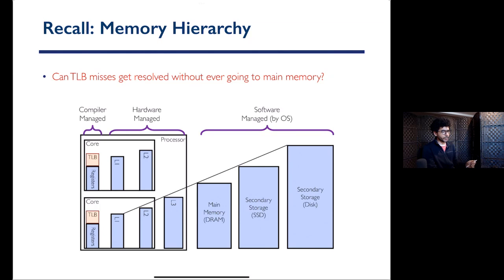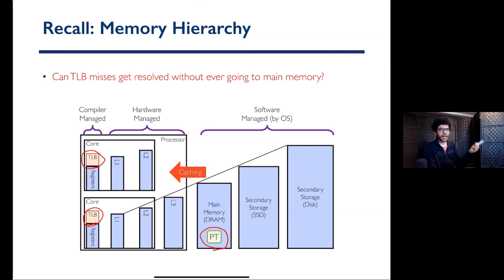Now, to just show you all the discussions that we had, the TLB sits here, right? The actual page table is in memory, while the TLB is very close to the processor. It's as close as your registers are.